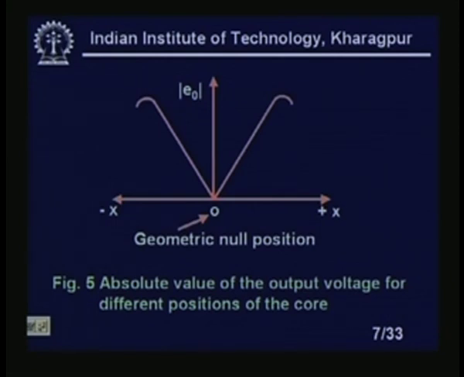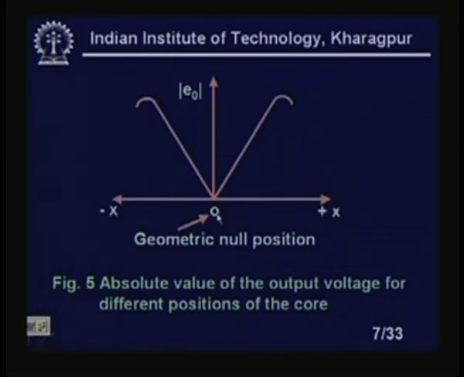Clear. So you see we are getting a linear curve. That means the relation between the displacement and the output voltage, when the secondaries are in opposition, is exactly a linear relationship. At the geometric null position we are not getting an output voltage. Now, what is plus x, what is minus x?